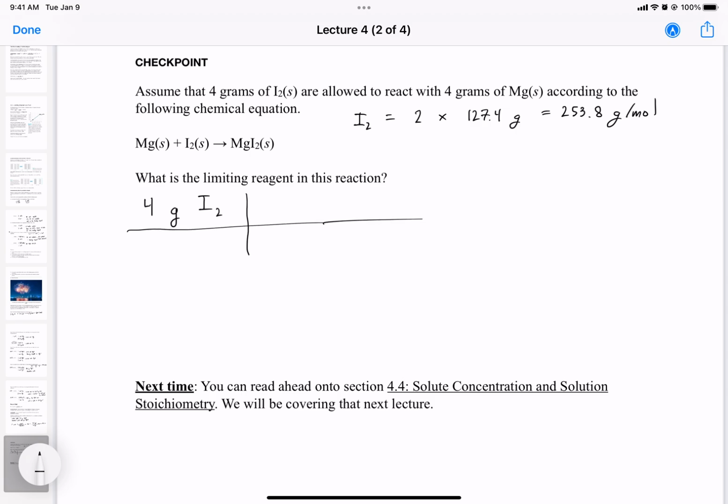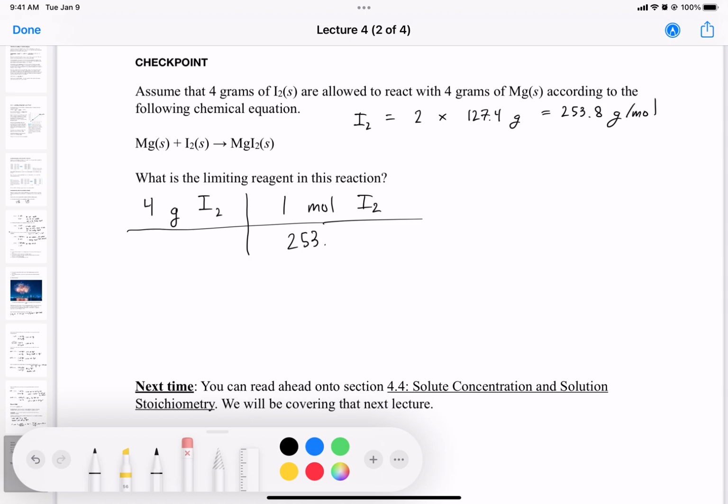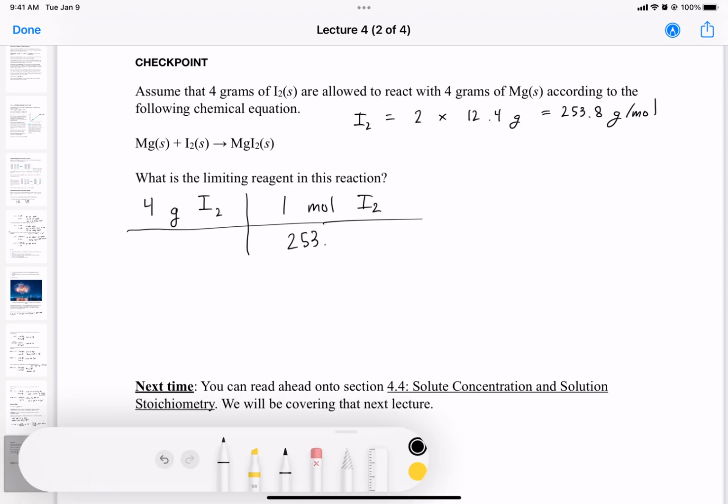For 1 mole of iodine, so it's I2, we get 253. Actually, I don't think it's 127. Let me back up. I think it's 126. My apologies. Or maybe it is 127. Let's see. Interesting.